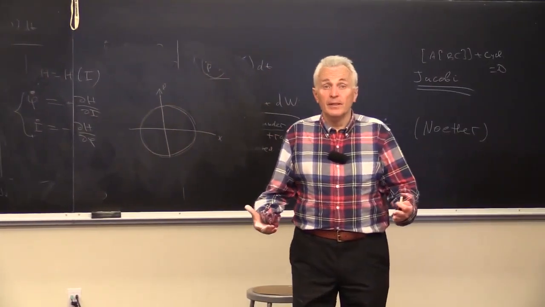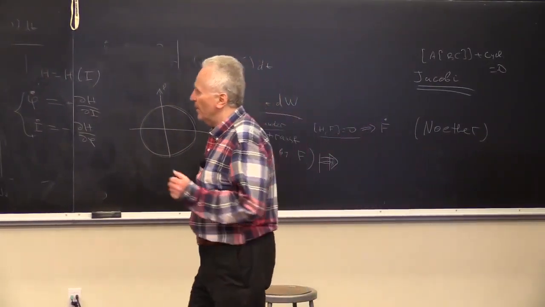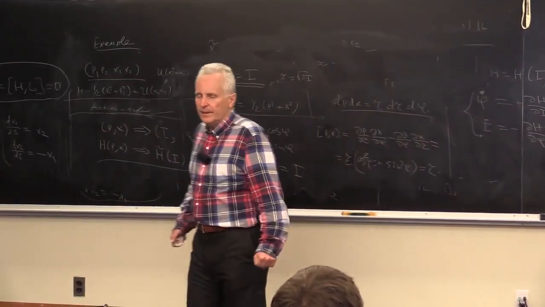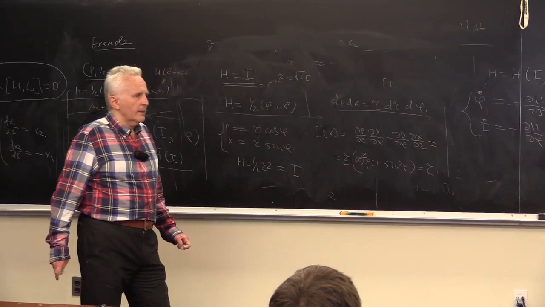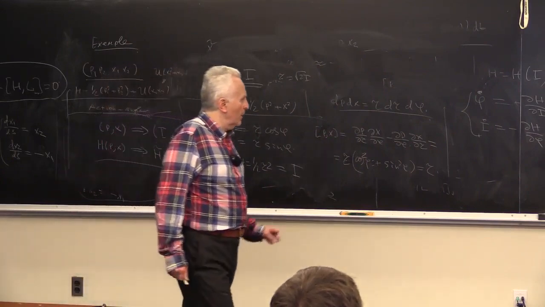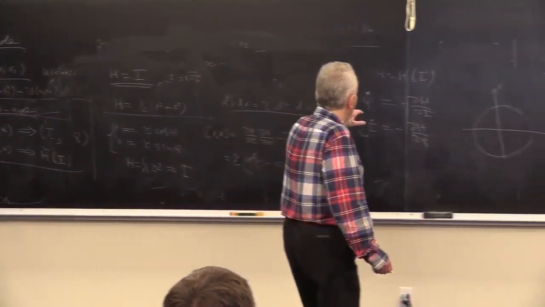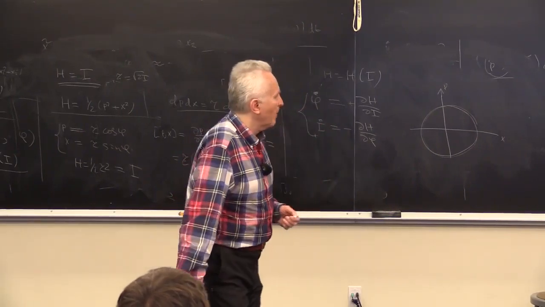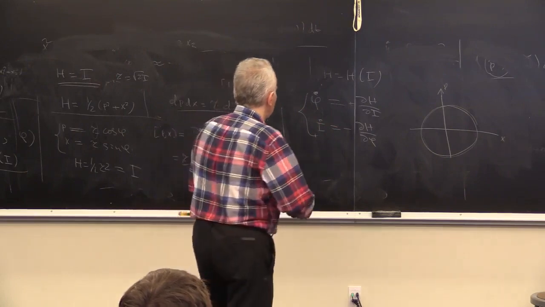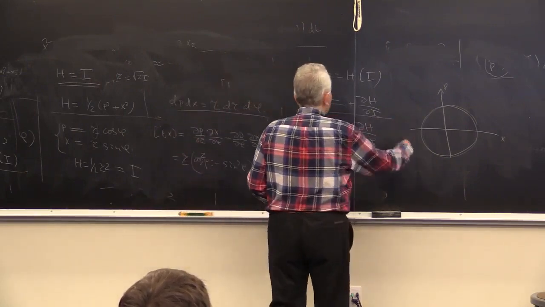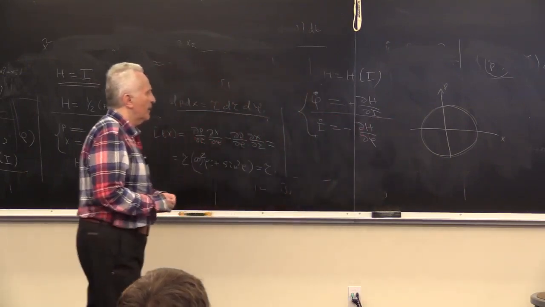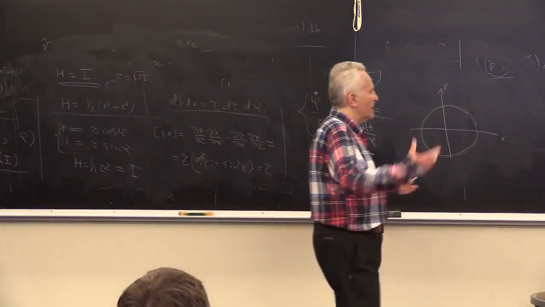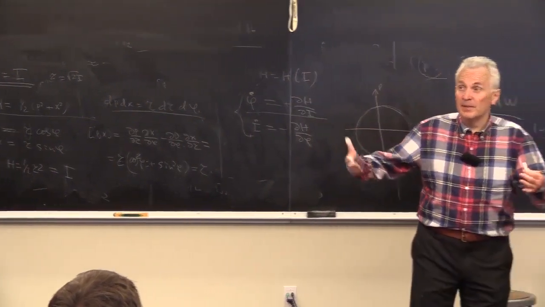There is a simple physical feature of harmonic oscillator which is reflected in this. Well, look at this equation and think what it means. If H is linear, what is the basic physical property?